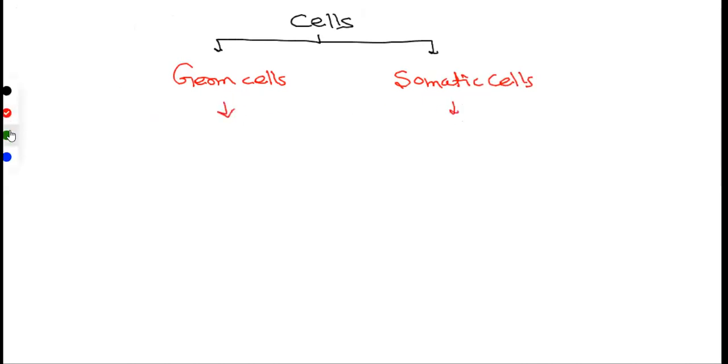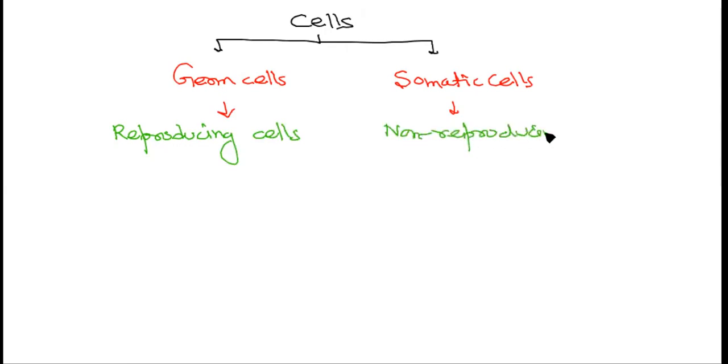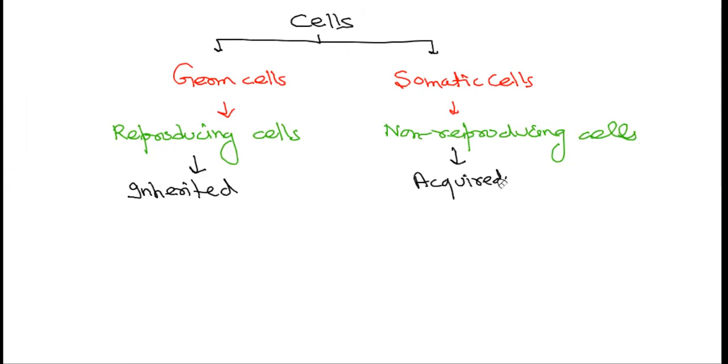Germ cells are reproducing cells, while somatic cells are non-reproducing cells. That's why information in germ cells is inherited, while in somatic cells it is only acquired.